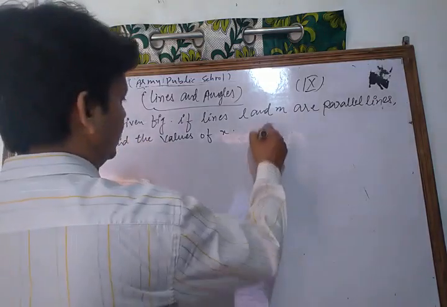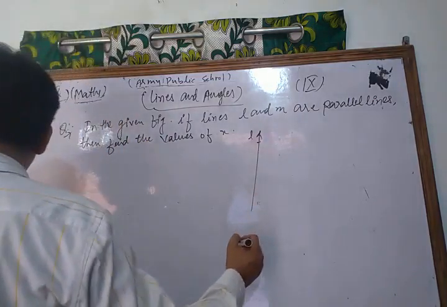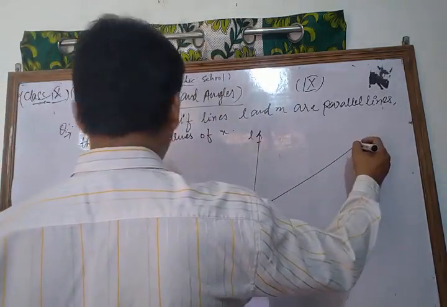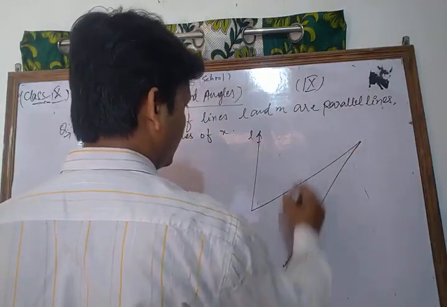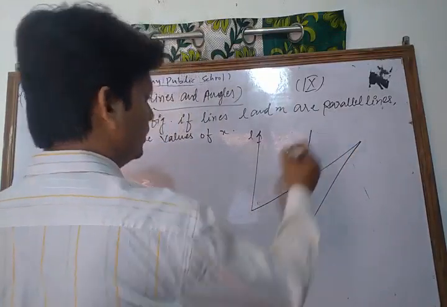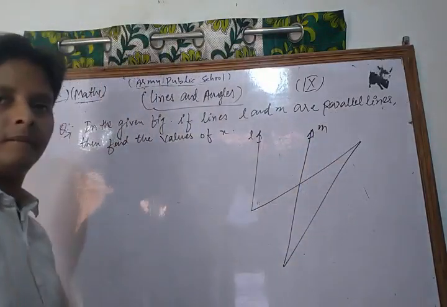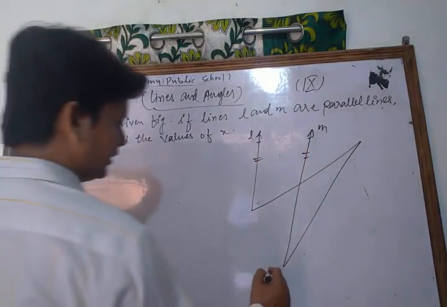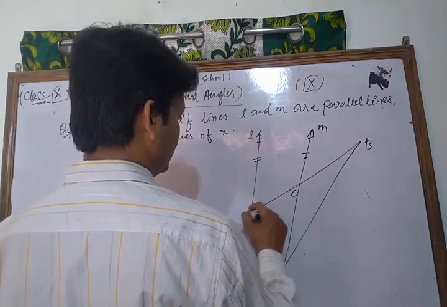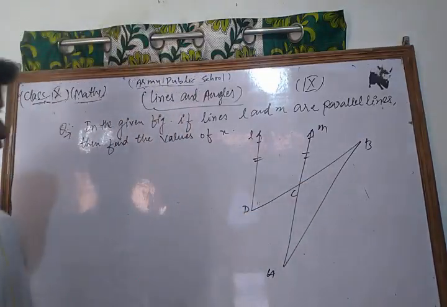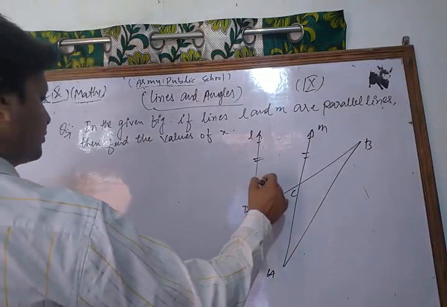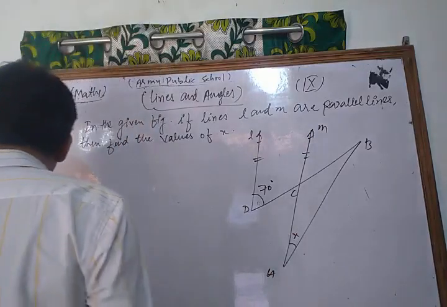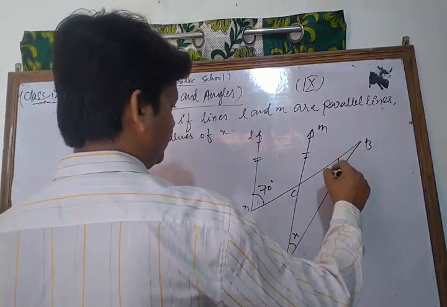Okay, now let's see. Here this is L, this is M. Here L is parallel to M. Here are the points A, B, C, D. This is 70 degree, this is x, and this is 30 degree.